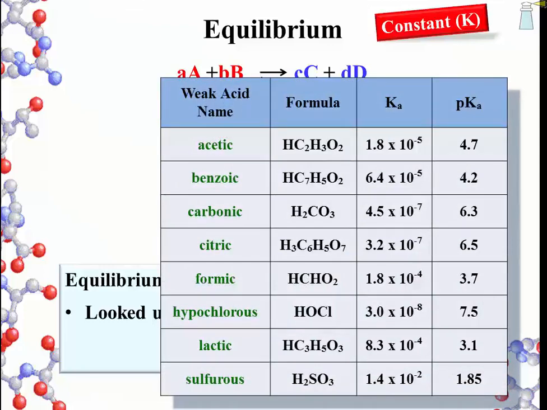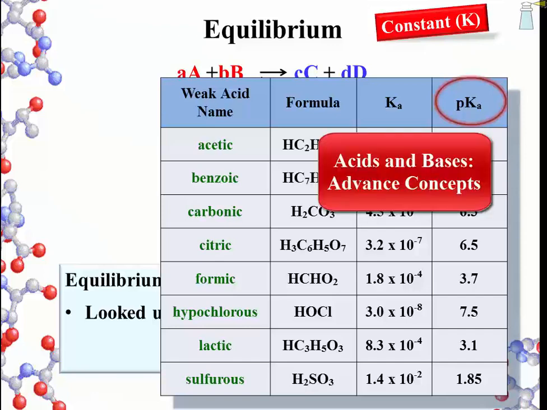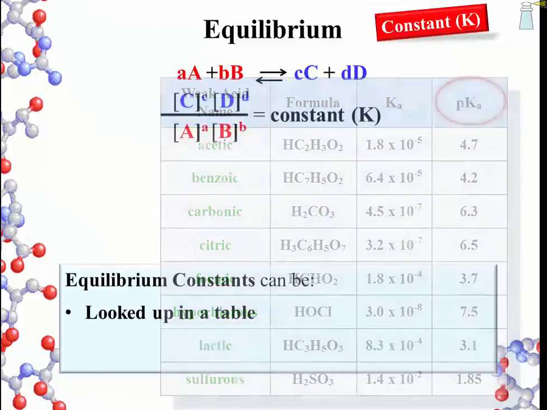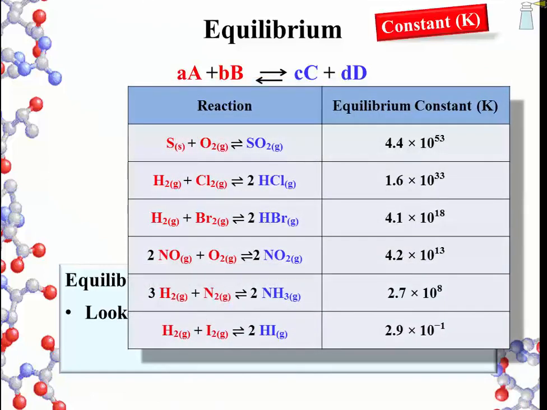Here's a table of acid dissociation constants, Ka. It also includes pKa's. If getting pKs is a topic covered in your class, go check out the Acid and Bases Advanced Concept lecture for doing that log math. Here's a reaction-specific table. These are experimentally determined values and have a temperature dependence.